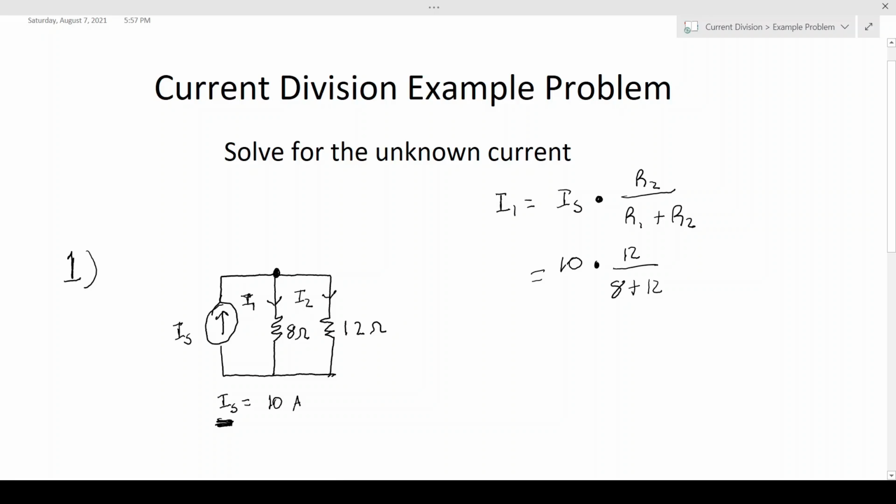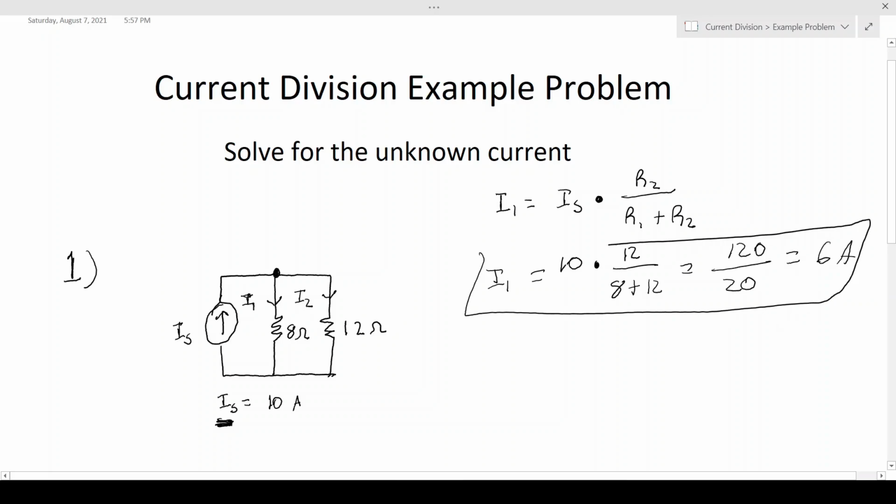So we're just going to plug in those values and get our value for I1. When we evaluate this, we get 120 over 20, and that's equal to 6 amps. We get I1 is equal to 6 amps.